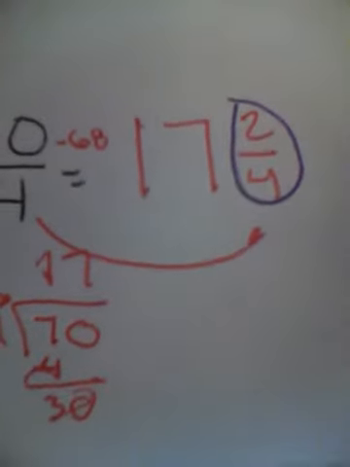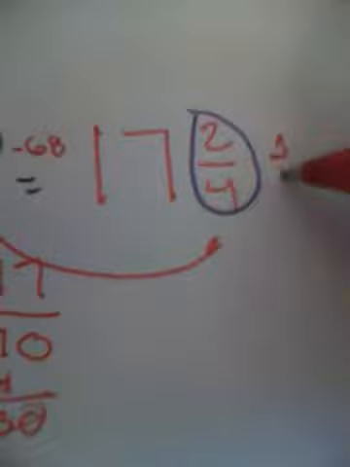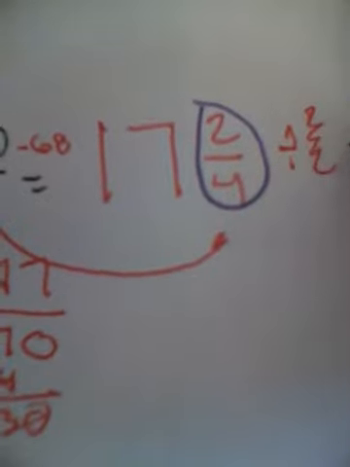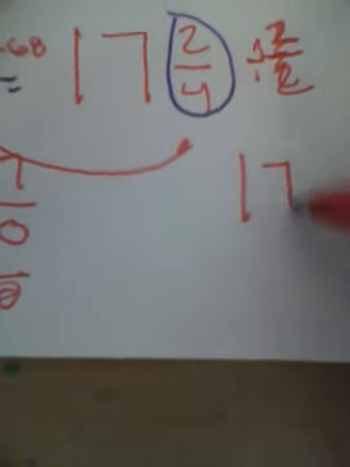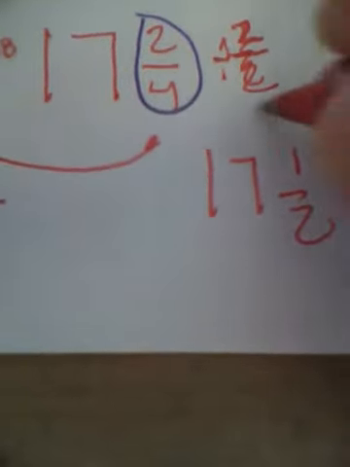It is 2. So I divide both numerator and denominator by 2. Those are sloppy 2s, I apologize. So 2 divided by 2 is 1, 4 divided by 2 is 2. So my answer really is 17 and 1/2 once I reduce that fraction.